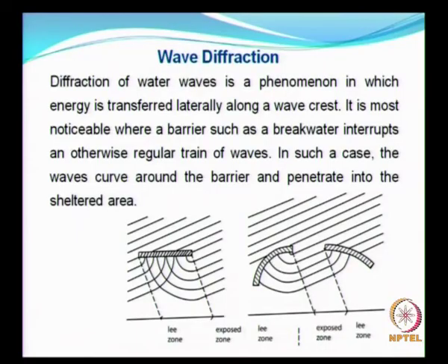Now you look at this area, the same phenomena will happen here. So naturally the energy on the lee side of the breakwater will be much less compared to this area, because these are unobstructed areas wherein the magnitude will remain same, this area too, only here the energy will be less compared to on either side of the barrier.